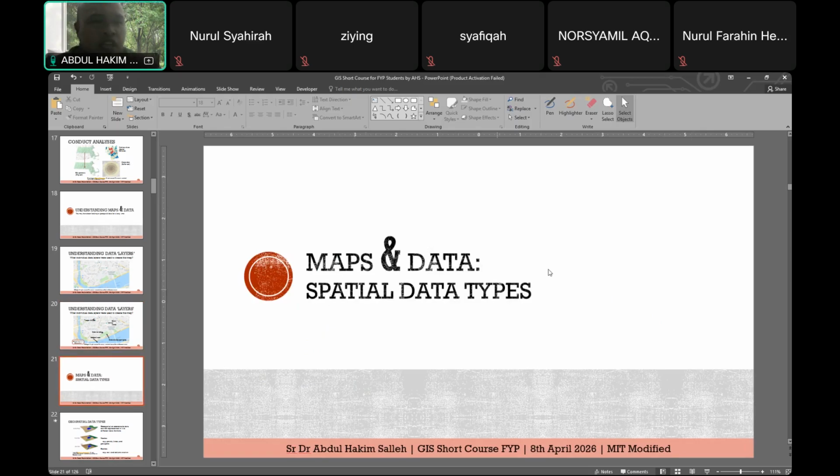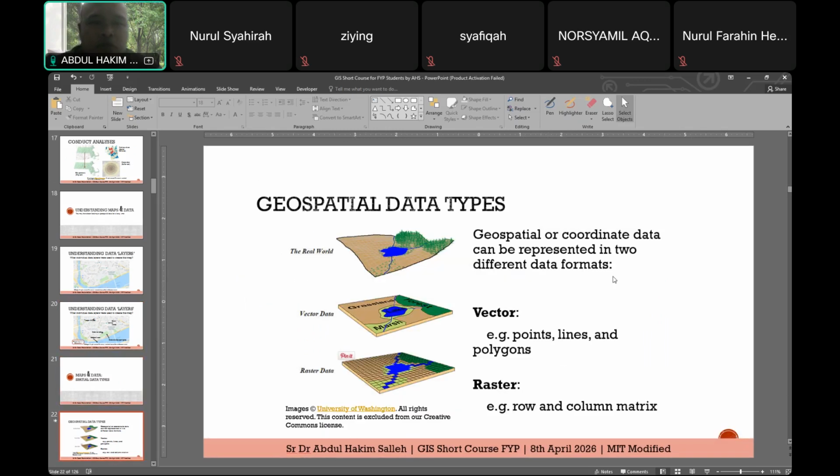Next is the maps and data. Okay, spatial data types. Let's take a look at it. Spatial data types comprise basically two types. Okay, there are vectors and another one is raster. These two types of data can explain the entire features on Earth.